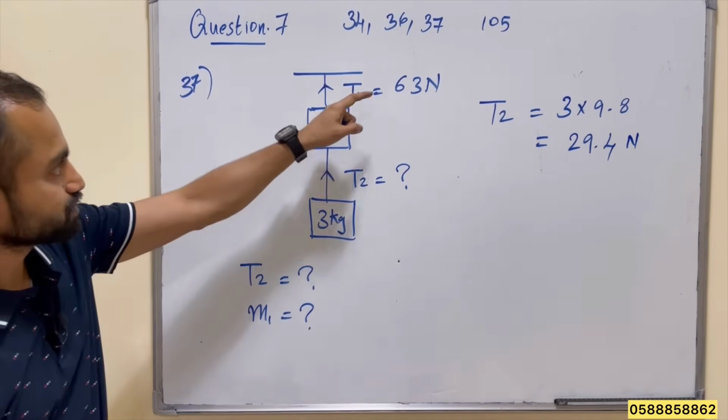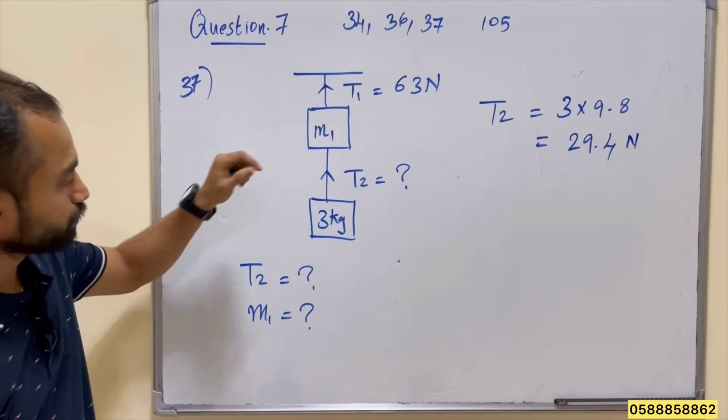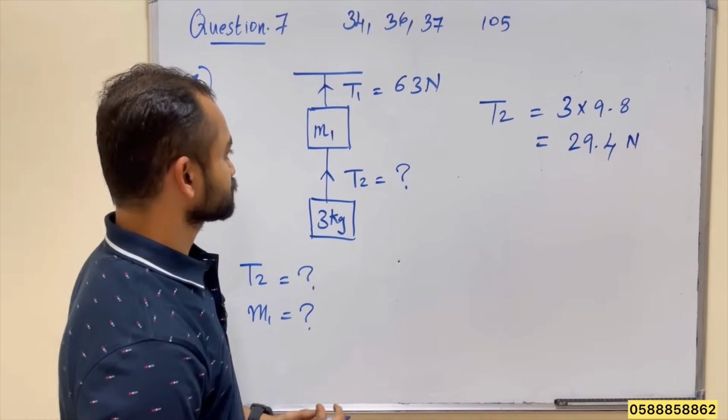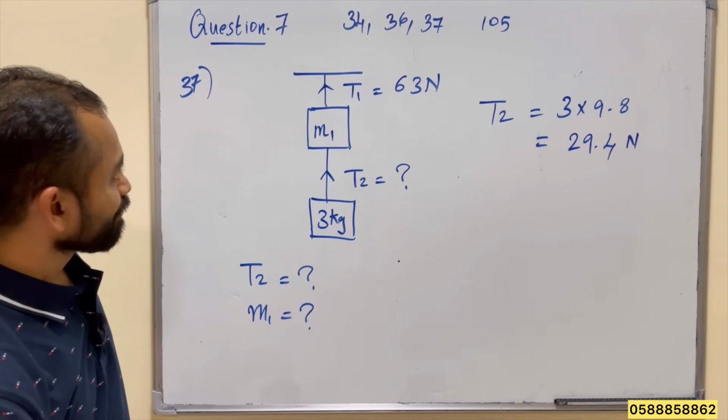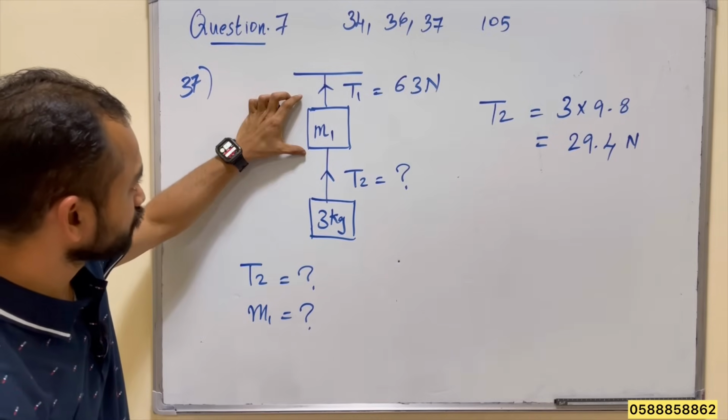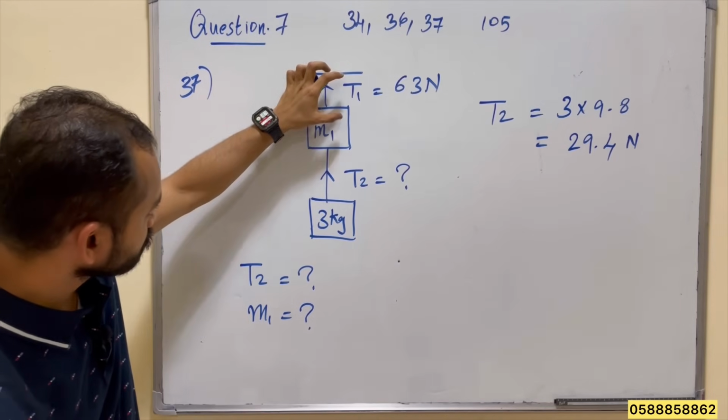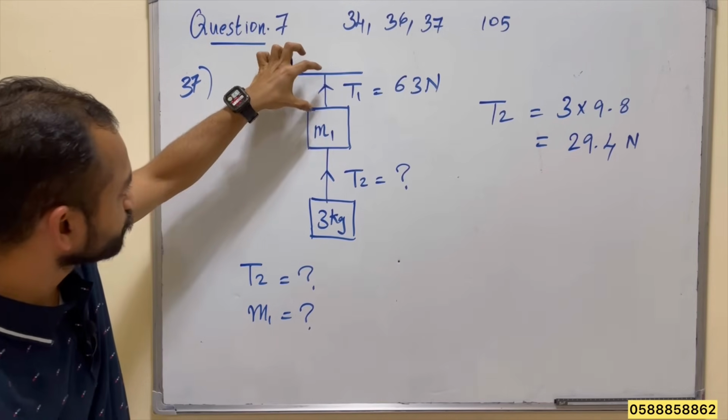So T1 is 63, right? So how much will be the mass? We will check how much of this tension is due to this mass.